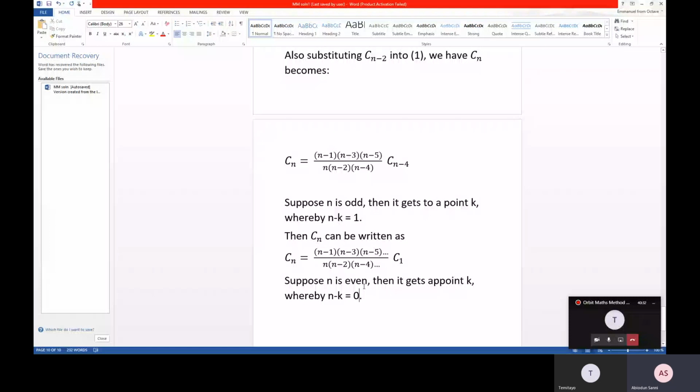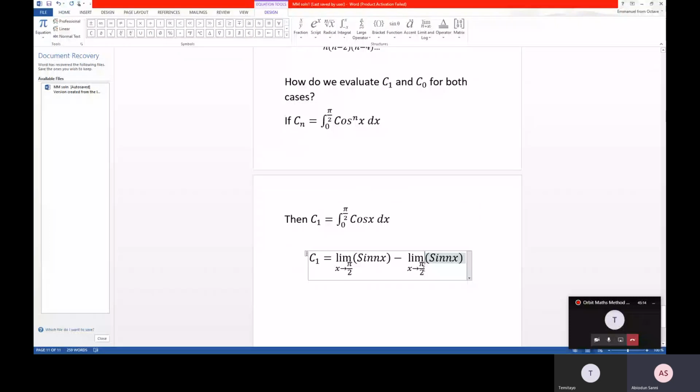So that will give us taking limits as x tends to pi over 2 of sin x minus taking limit as x tends to 0 of sin x.